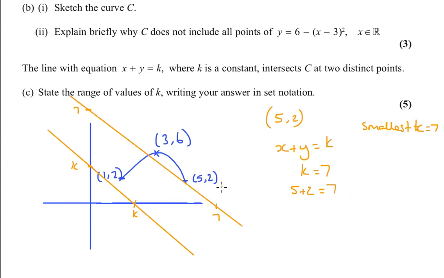All the rest of the lines, if you think about me picking that line up and shifting it closer this way, all of those values, it's going to hit the graph twice. The last time it's going to hit the graph twice is the time kind of before we get to the tangent to the curve. So if we can find the tangent line, or when the line is a tangent to the curve, that will give us the upper limit for k.